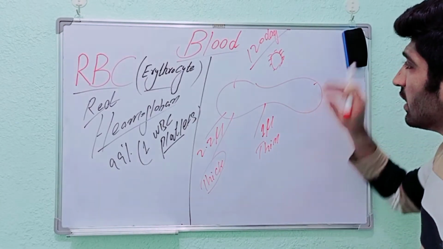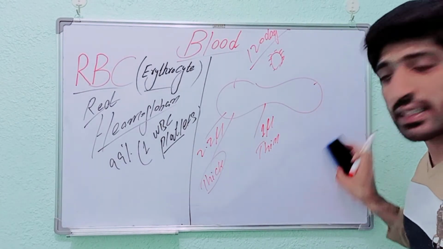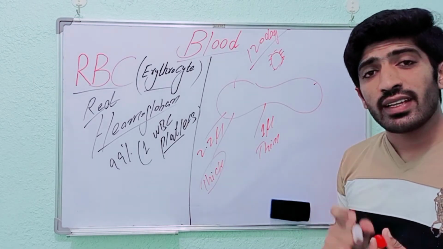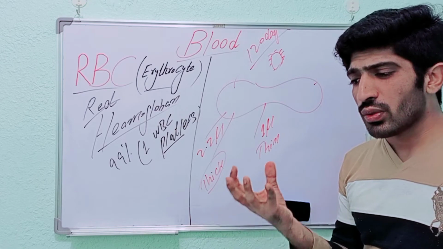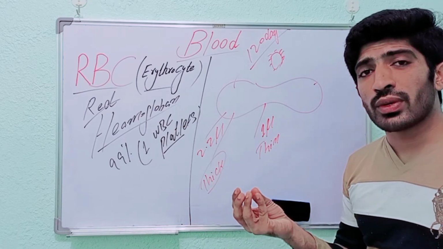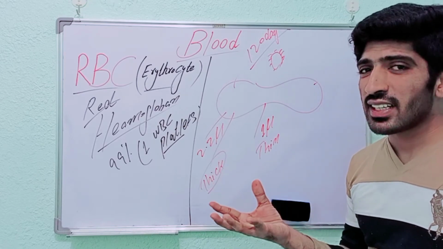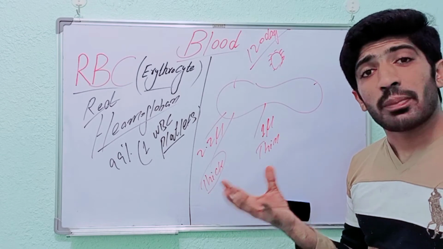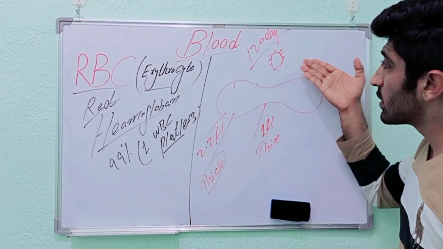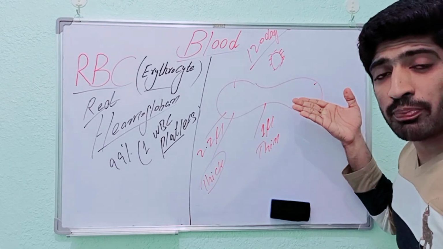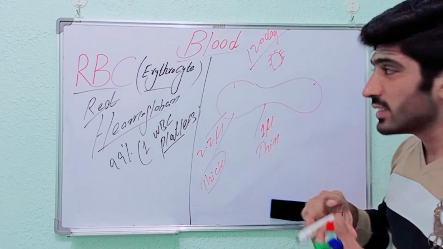So students, the diameter of splenic capillaries is very small. When they try to squeeze down in the splenic capillaries, because the diameter is very small, they are destroyed.